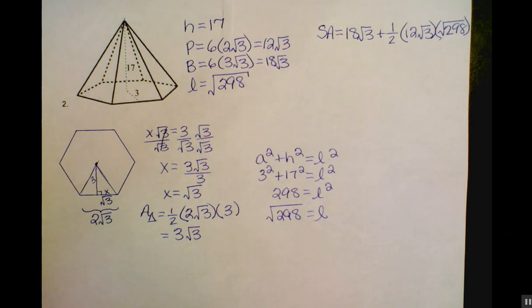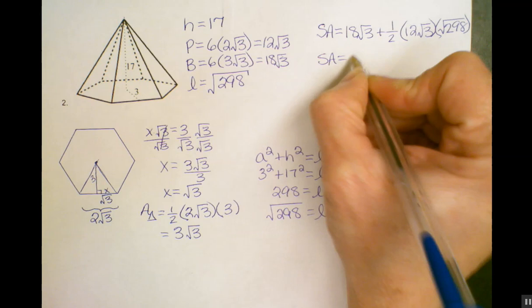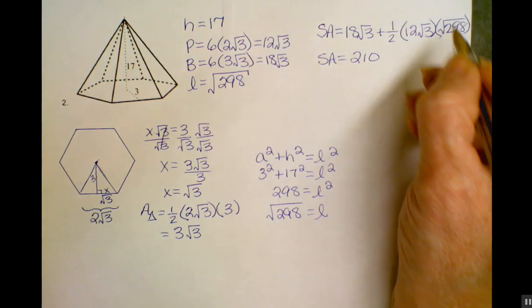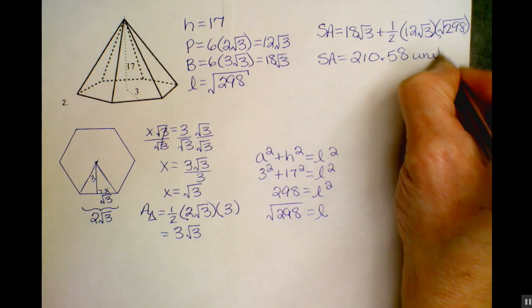Calculator. Surface area equals 210.58 units squared.